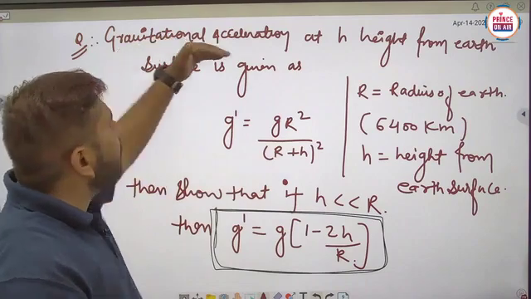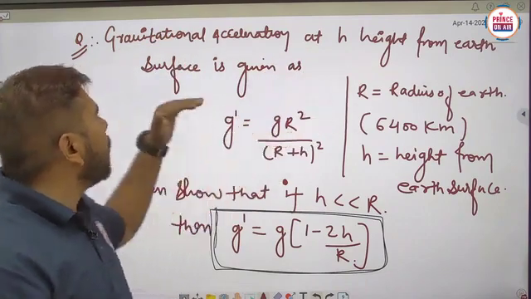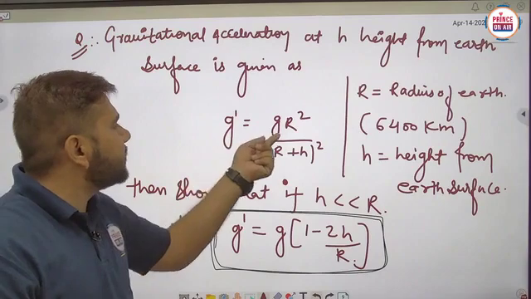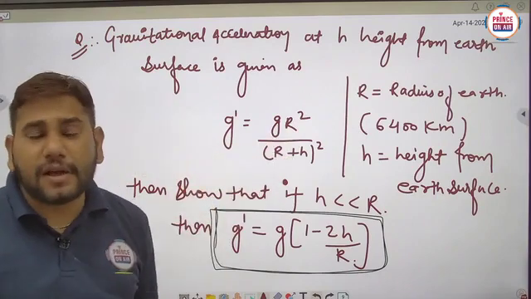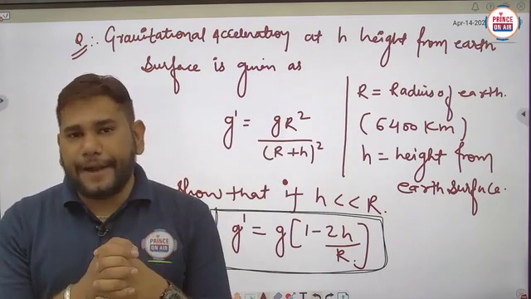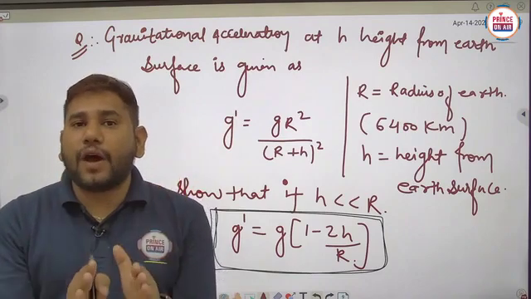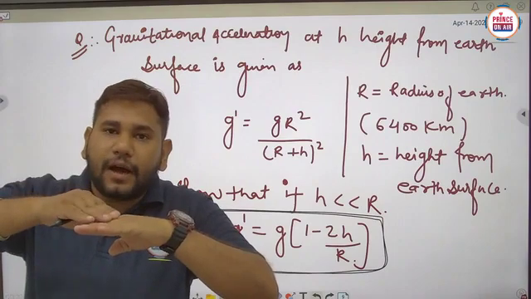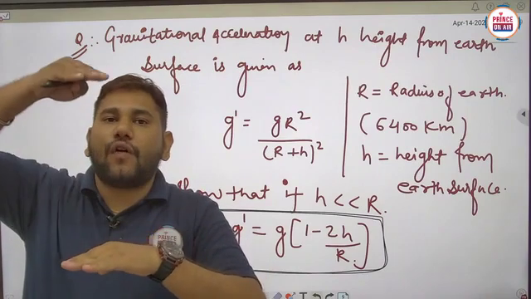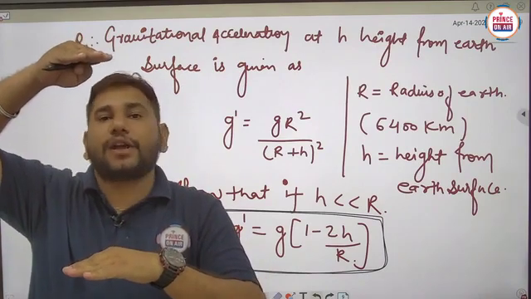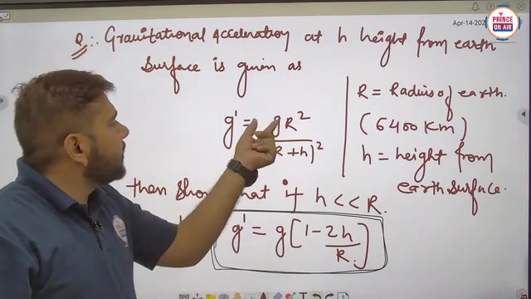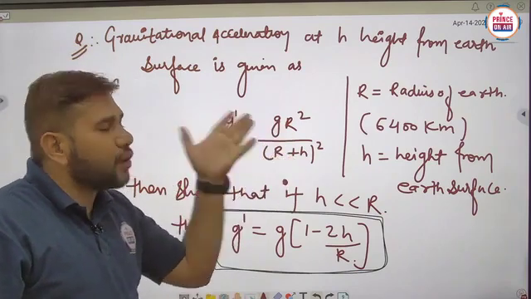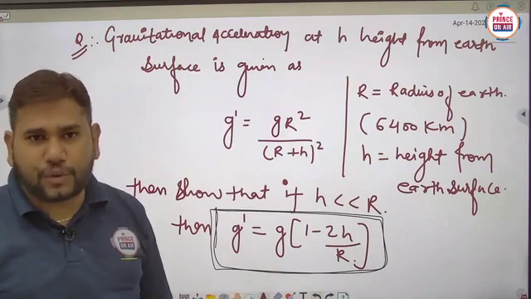Gravitational acceleration at height h from Earth surface is given as g dash equal to g r square upon (r plus h) whole square.